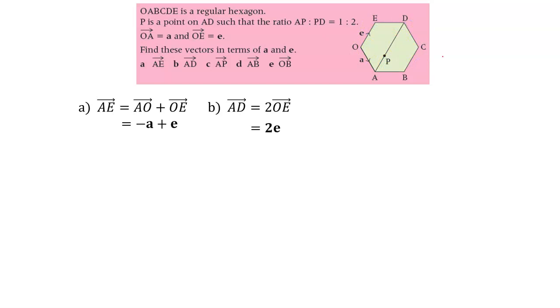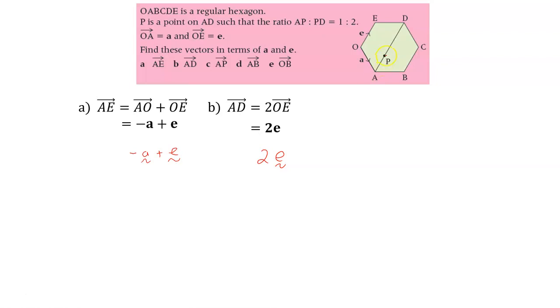OE we know is E, so that's just 2E. That 2 shouldn't be bold there. I've just noticed that. You would be writing this, negative A plus E, like that, okay?